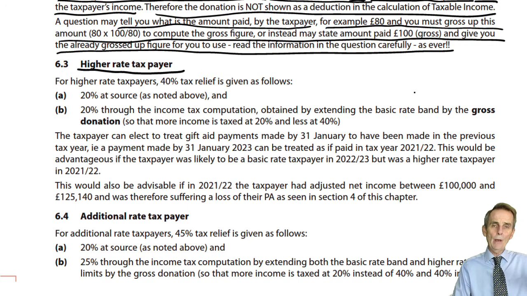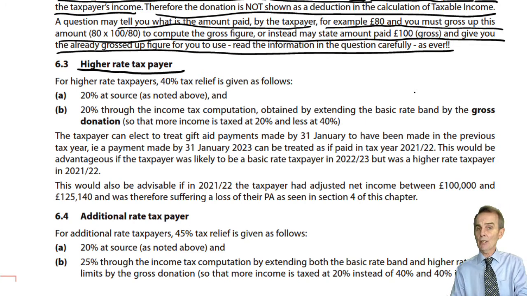And if we applied the rules as we have it in terms of qualifying loan interest payments, income would have reduced by 100, income that would have paid tax at 40%, so we get a 40% saving instead of a 20% saving, so our net cost to the higher rate taxpayer would become £60 in order to give the charity the gross £100.